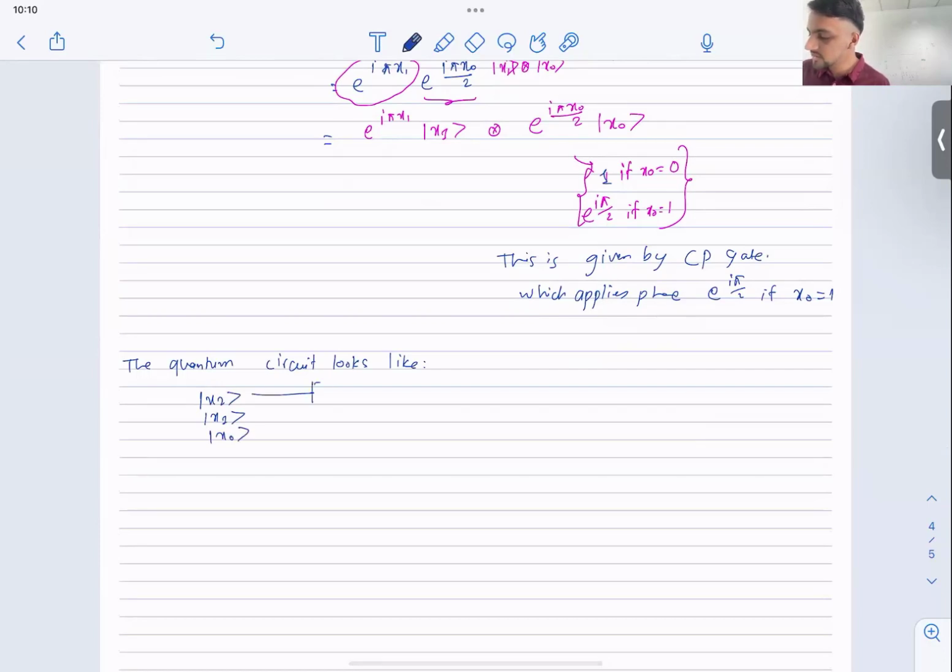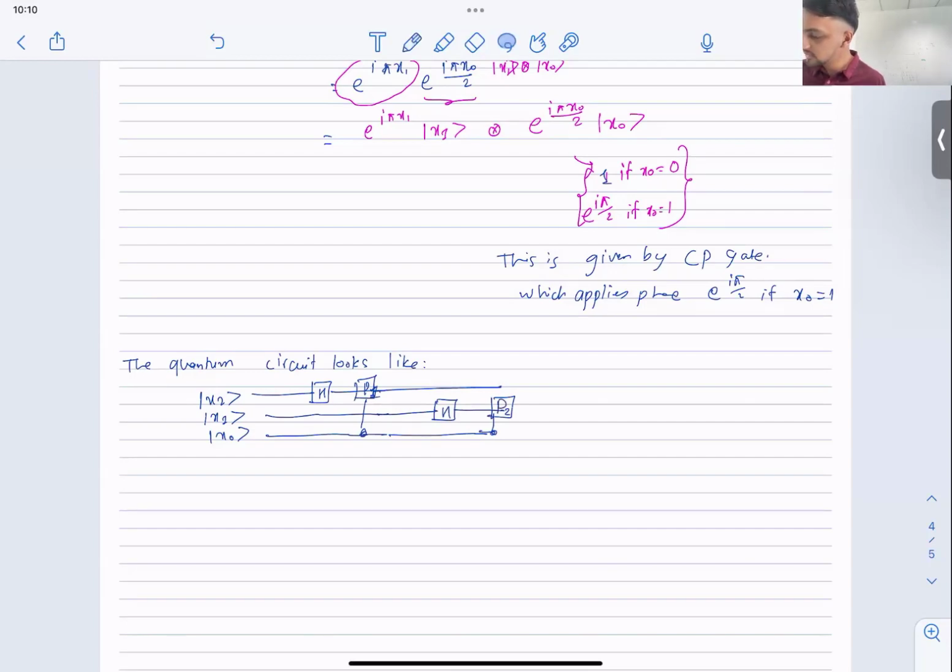What we have is we just apply the Hadamard on the first qubit, and then to get this, we actually need to apply this control phase gate that we just discovered. So it will look something like this. This is P1. And then I'll apply Hadamard again here. I need to do control P2.